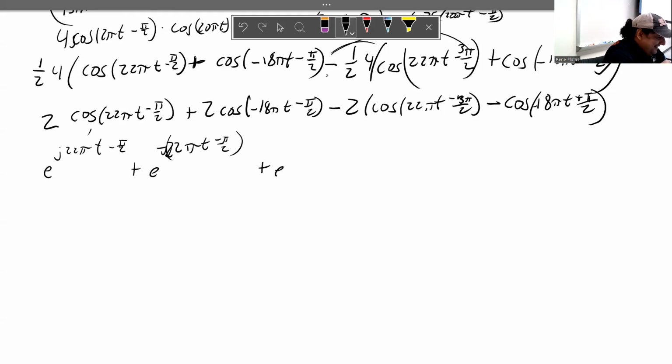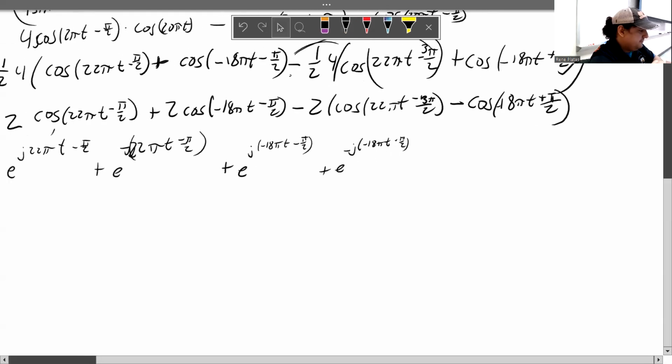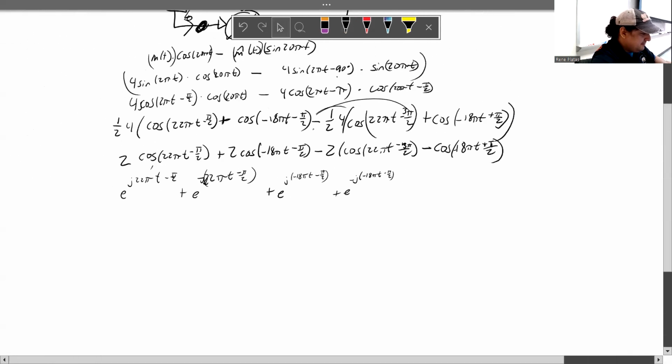Plus e to the j (negative 18 pi t minus pi over 2), plus e to the negative j (negative 18 pi t minus pi over 2). Are you sure you didn't mess up? I think I didn't.